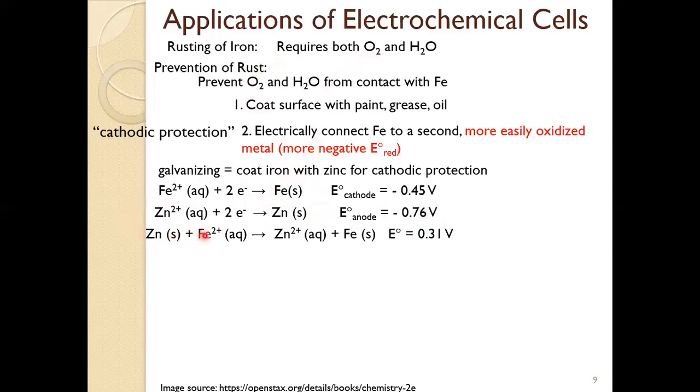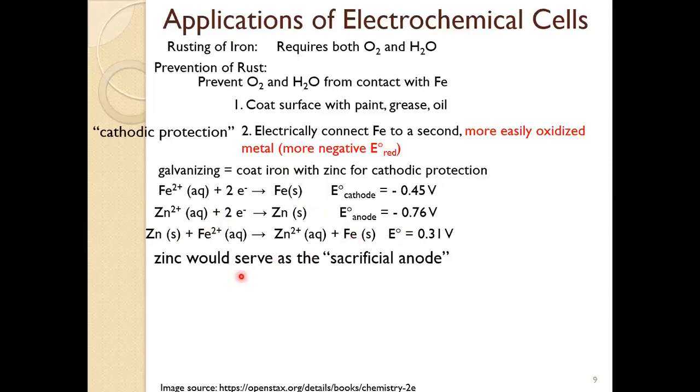And any iron that already has been oxidized, this is a spontaneous reaction under standard conditions, where zinc will be oxidized and will be able to re-reduce the iron back to elemental iron, and so therefore maintain the integrity of whatever is being galvanized.